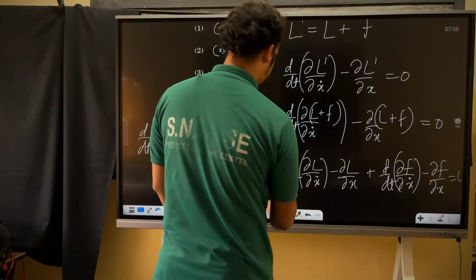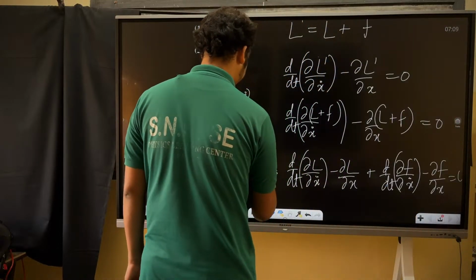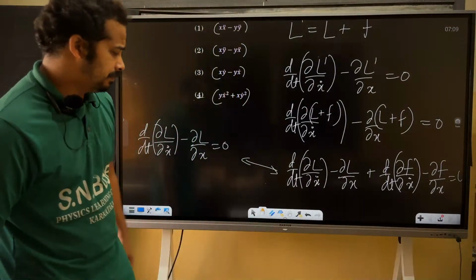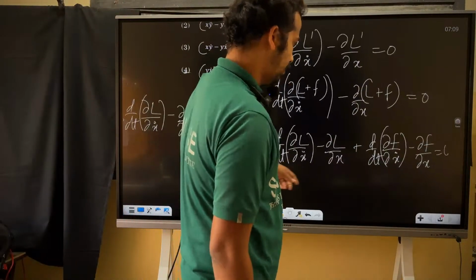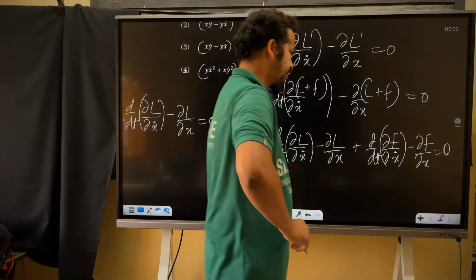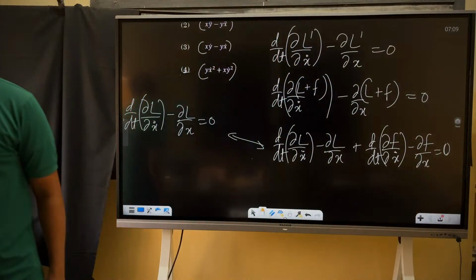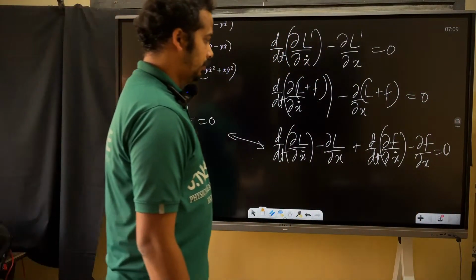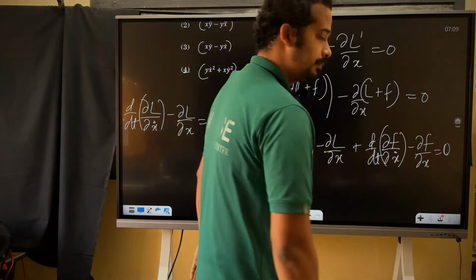If these two were to be equal, then this portion must be 0.